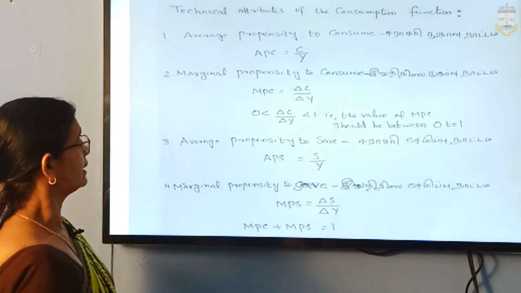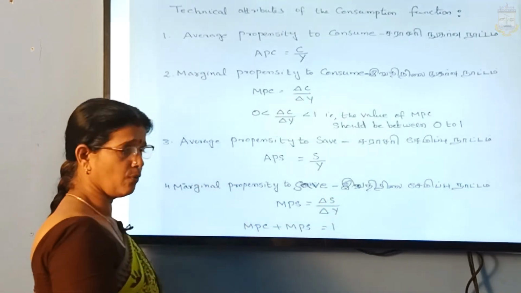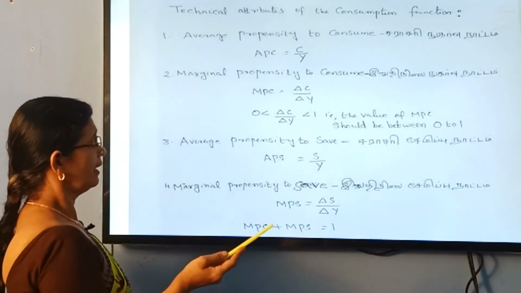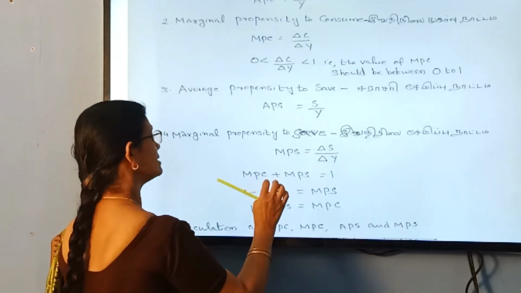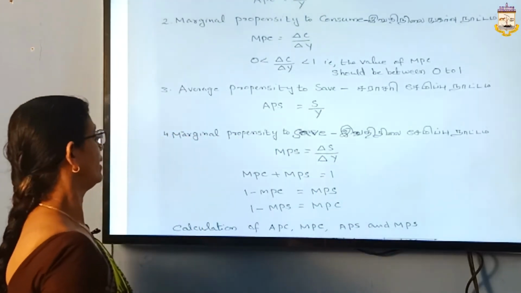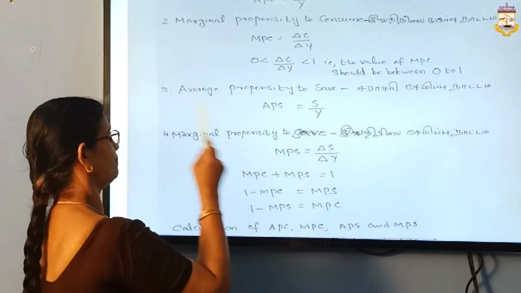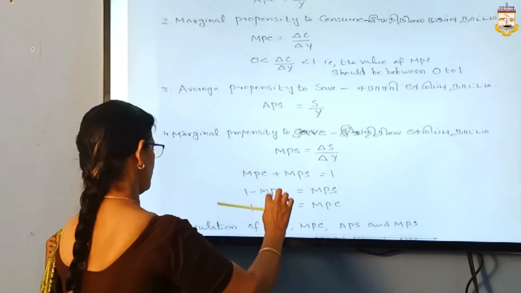MPS equals delta S by delta Y, where delta S is the change in saving by the change in income. Here MPC plus MPS equals 1, or 1 minus MPC equals MPS, or 1 minus MPS equals MPC.